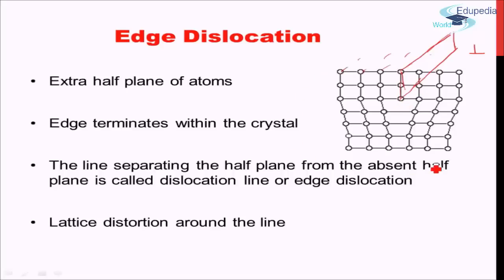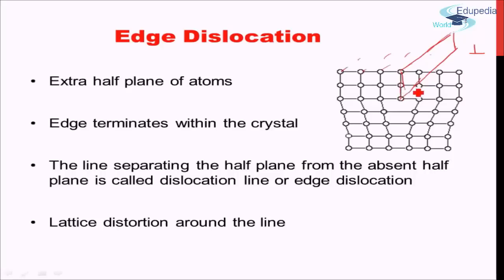The crystal continues and the half plane is over here itself. If this half plane goes to the external surface, then the dislocation will no longer exist, right? Because this becomes part of the external surface then. So for the edge dislocation to exist, the half plane of atoms should terminate within the crystal.